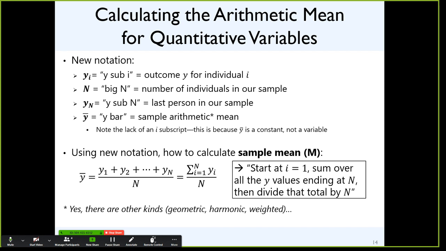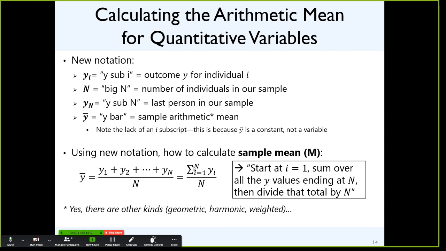Those are one number that holds across everybody. If I have a sample of people, N characterizes the size of the sample for everyone. If I have a mean of a sample, Y bar, it characterizes the mean for everyone. So putting it together, the mean of the sample is the sum of all the observations, starting at person 1, going to person N, divided by the sample size.